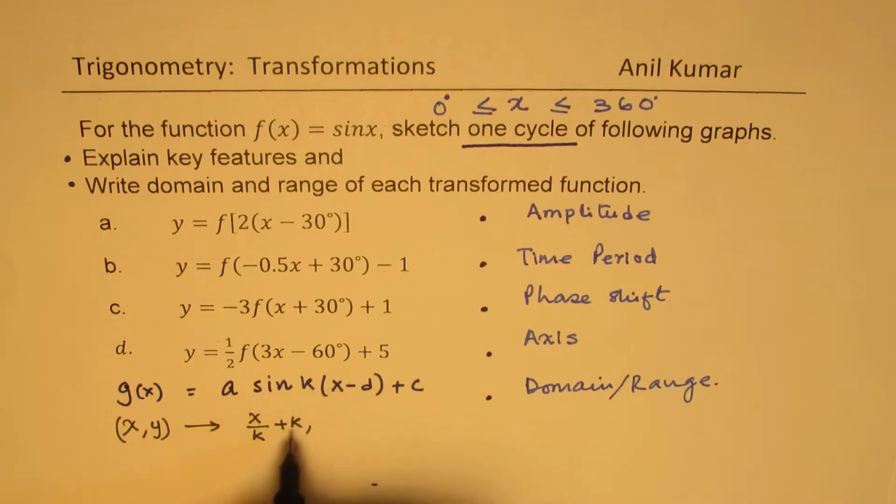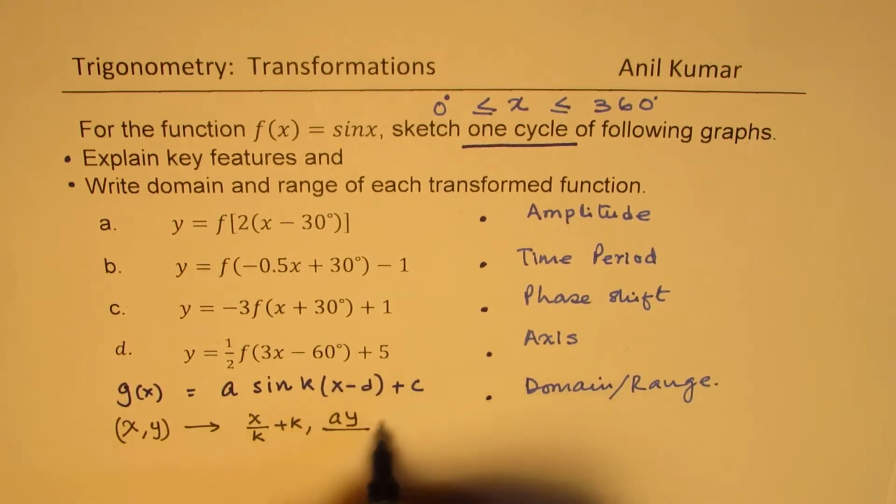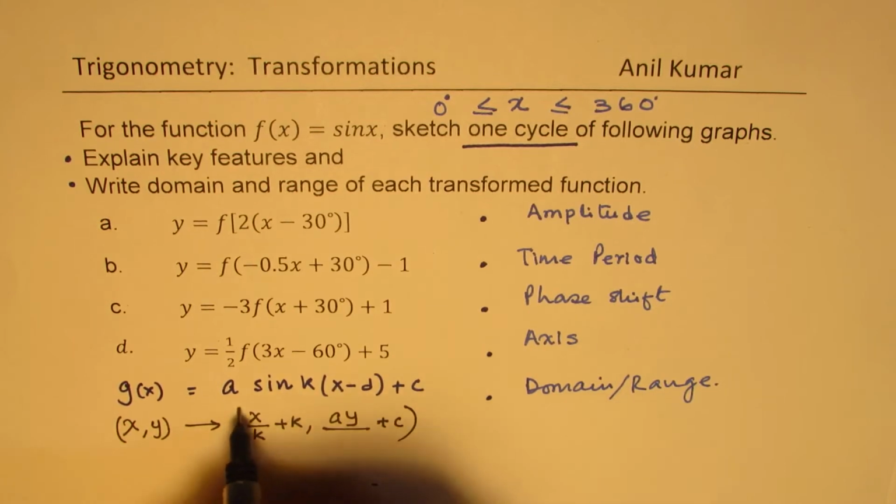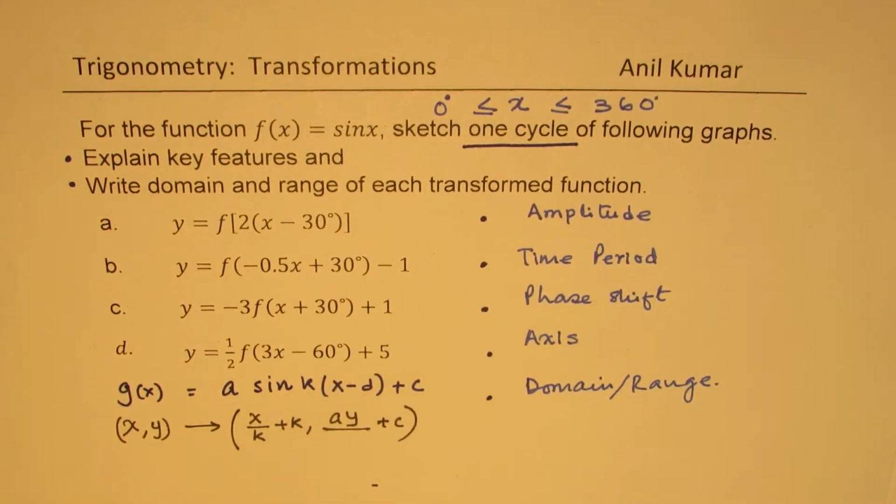That is how the x point will change, and the y point will get multiplied by a, and then you add c to it, right? So that becomes the new coordinates for your particular function.